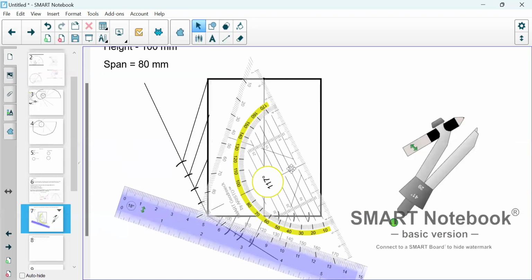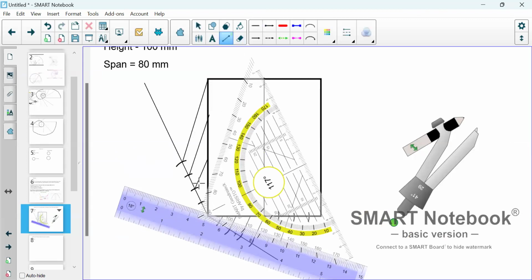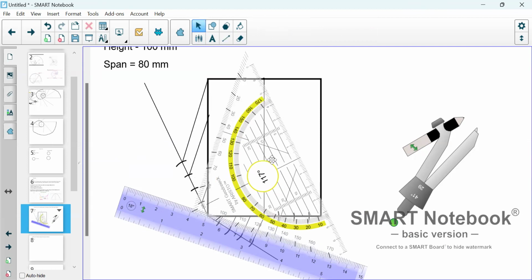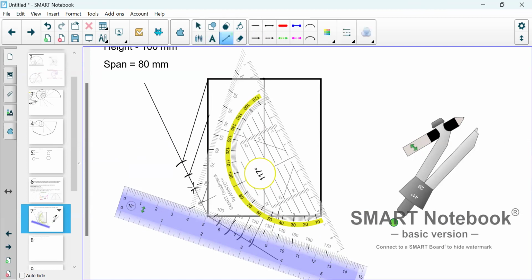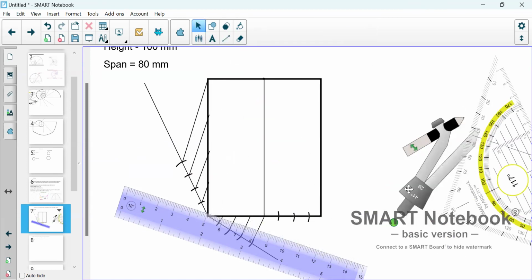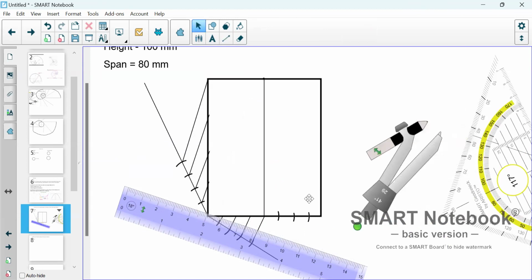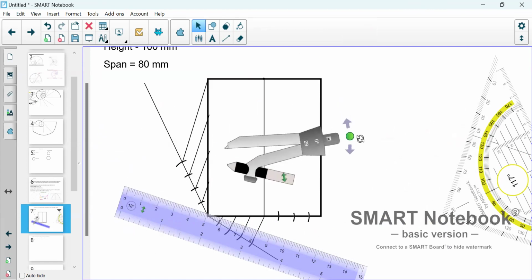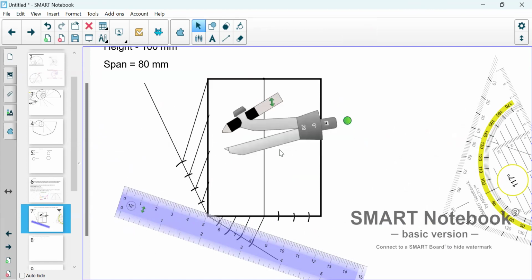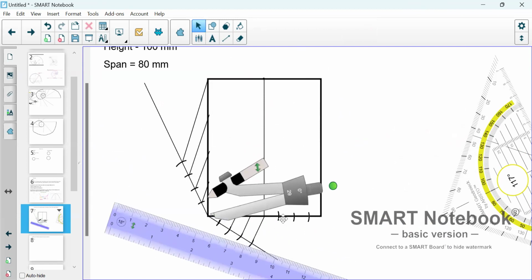Right, we try to get these lines as parallel as possible, even though that one that I just drew there doesn't look that parallel. Good. And like we did for the base, we have to get the same divisions on the other side, on the right-hand side.